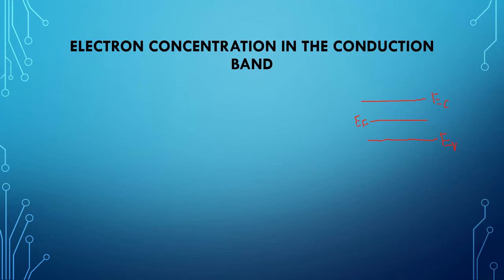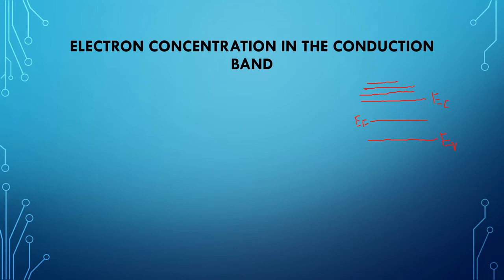Now we concentrate on the electron concentration in the conduction band, and on which terms it depends. What is a quantum state? A discrete energy state is called a quantum state, right?